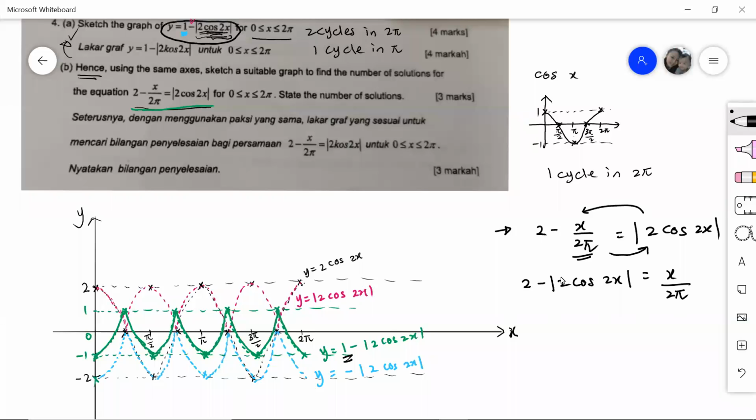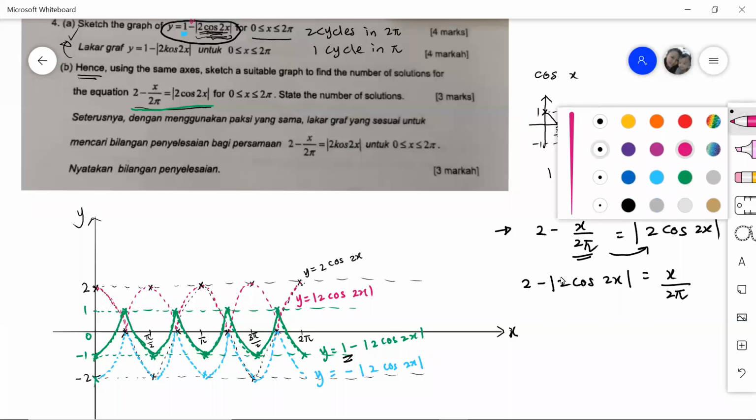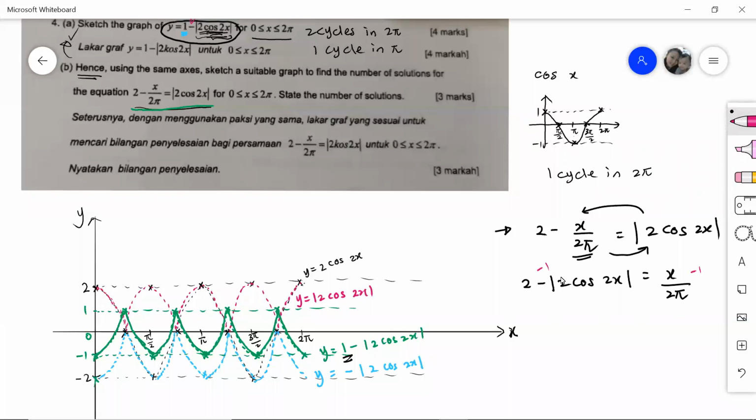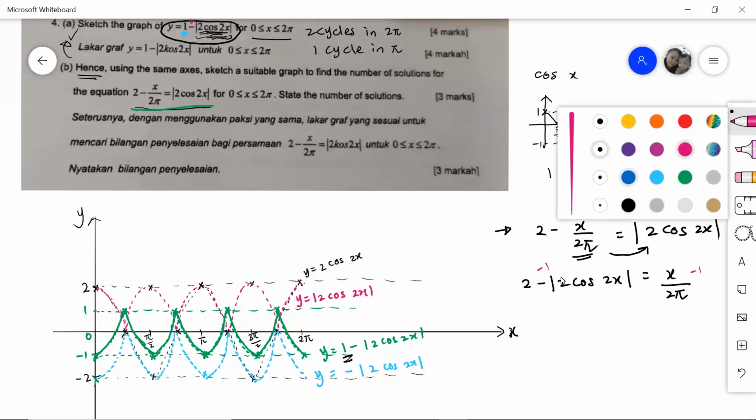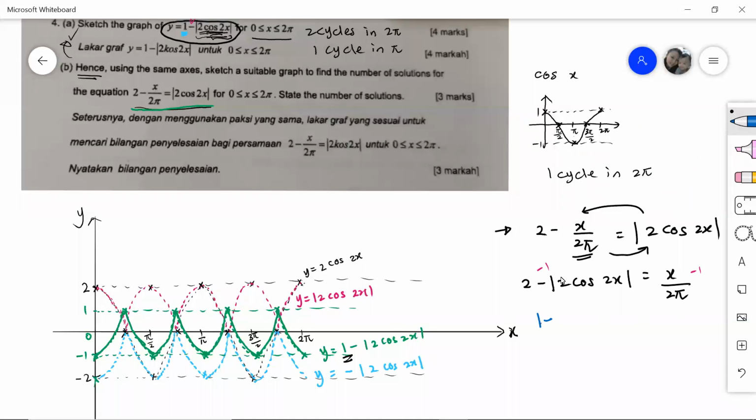So we minus 1 on the left hand side and minus 1 on the right hand side. Readjusting, we have 1 minus modulus 2 cos 2x on the left hand side, and x over 2 pi minus 1 on the right hand side. And this is actually the y.